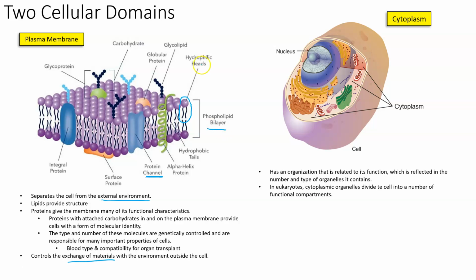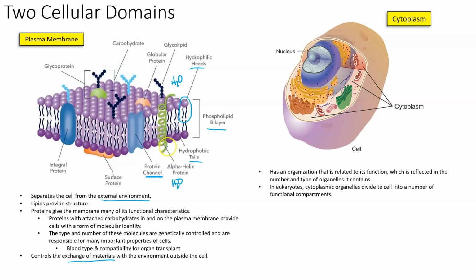Because the heads are hydrophilic and the tails are hydrophobic, the tails need to orient themselves interior, and the heads can be oriented out, because it serves as that boundary between the water on the outside of the cell and the water on the inside of the cell.